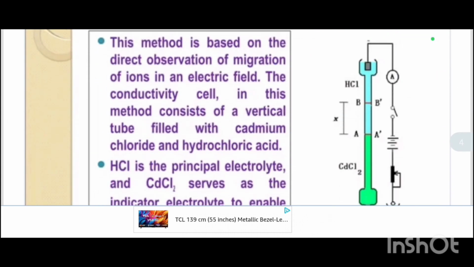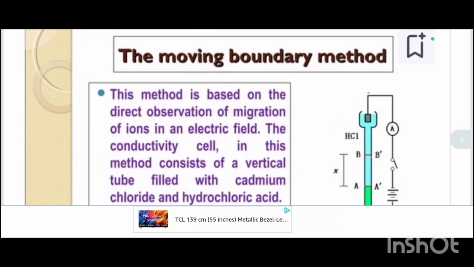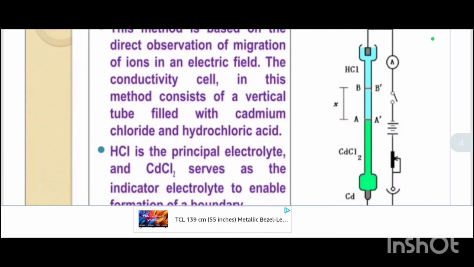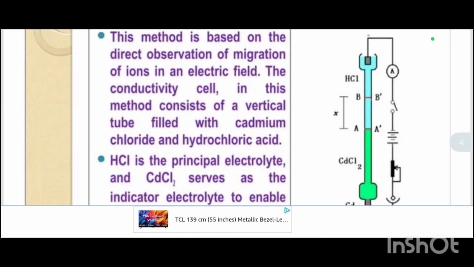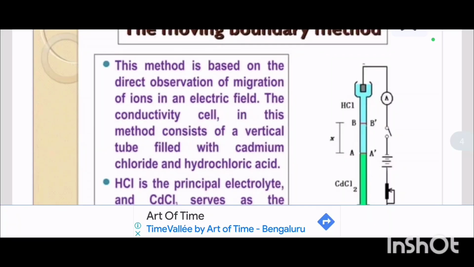Here we see the circuit, which is vertical. It is the circuit used for the moving boundary method. This method is based on the direct observation of the migration of ions in an electric field. The conductivity cell in this method consists of a vertical tube filled with cadmium chloride and hydrochloric acid.